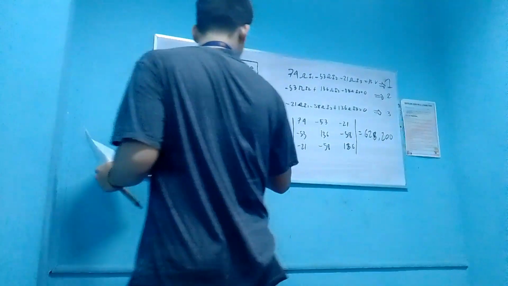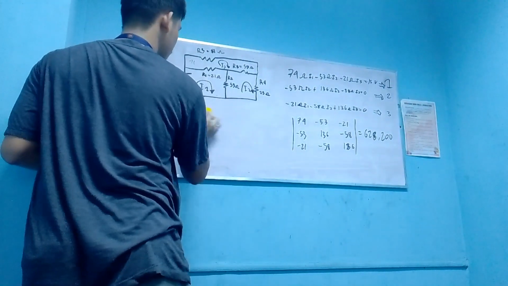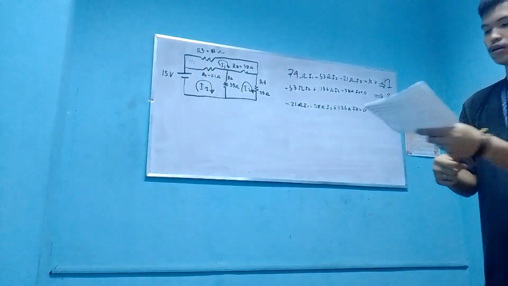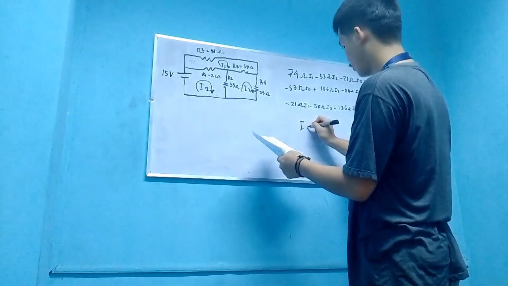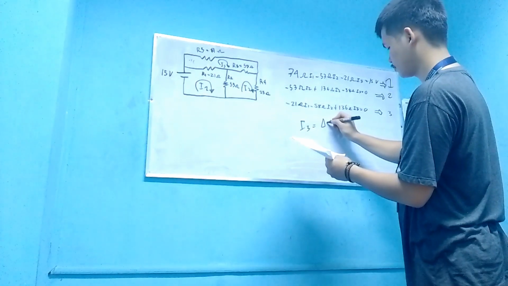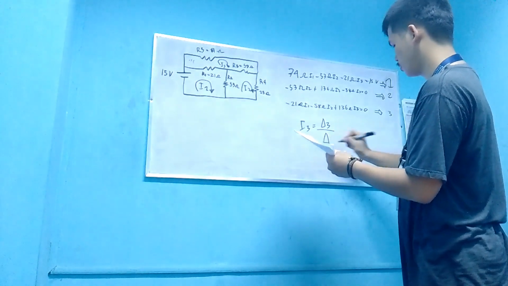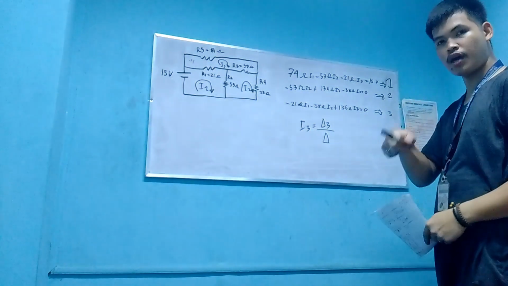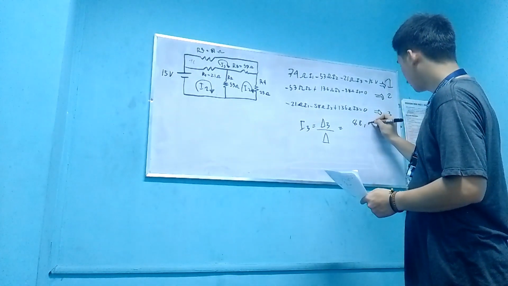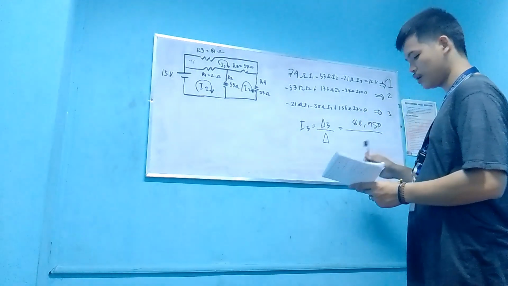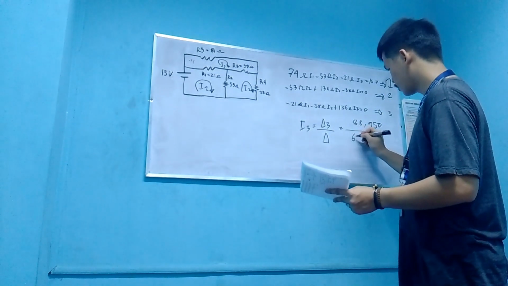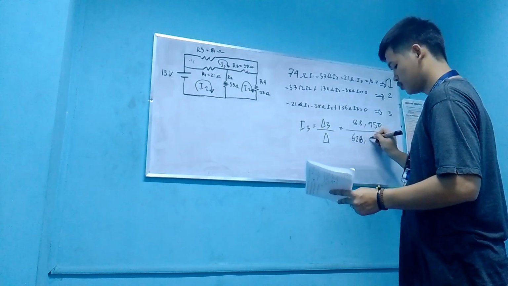Then we solve for our I3, and our formula for this is delta 3 over delta. So our delta 3 is 88,950, and our delta is, as you can remember, 628,200.